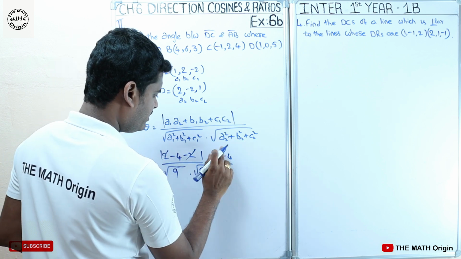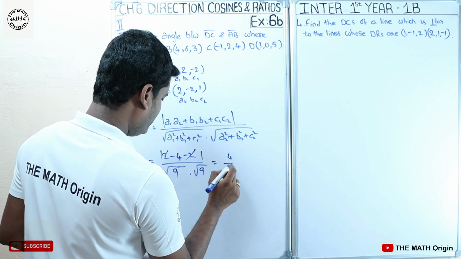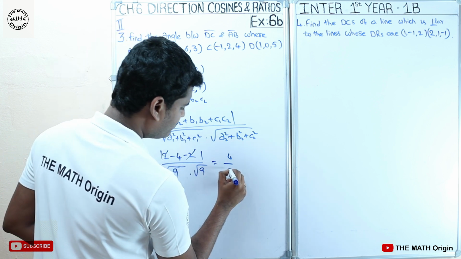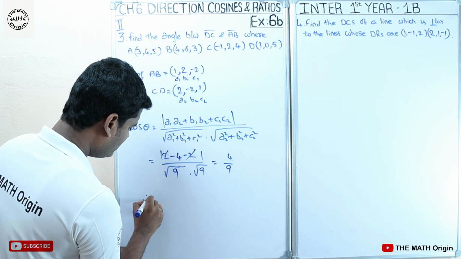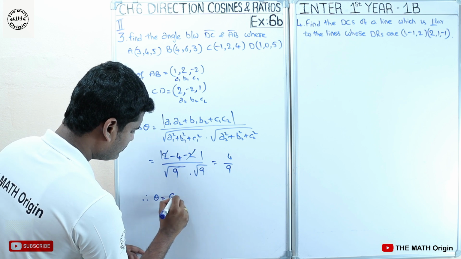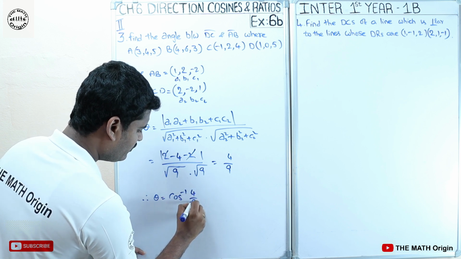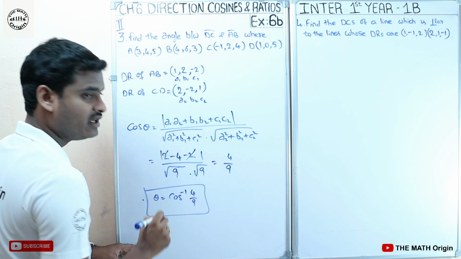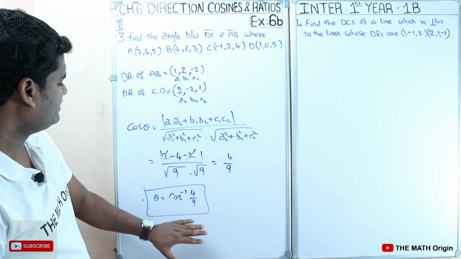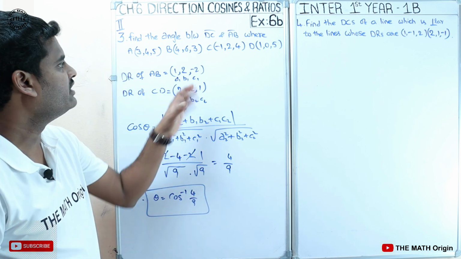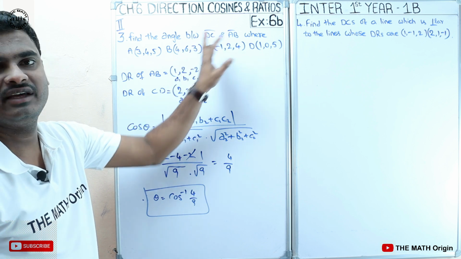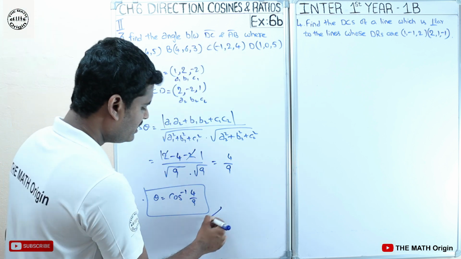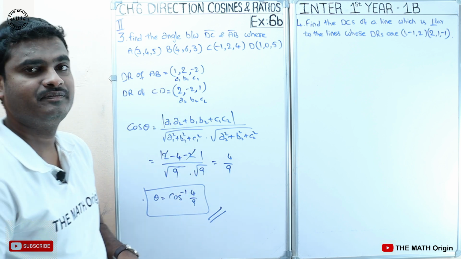So it will be plus 4 by root 9 into root 9, which is 9. Therefore theta is equal to cos inverse 4 by 9. Therefore cos inverse 4 by 9 is the angle between these two lines DC and AB. Here ends our third problem.